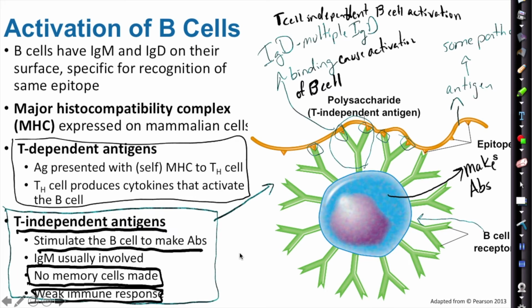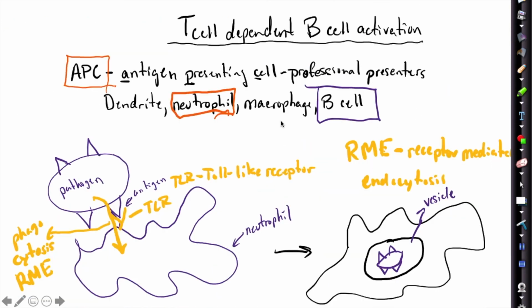Now, T cell dependent B cell activation involves an APC, which is an antigen presenting cell, or a professional presenter. That's going to be a dendritic cell, a neutrophil, a macrophage, or even a B cell itself. So what happens is that, for instance, a neutrophil finds a pathogen, binds through its toll-like receptor to that PAMP, and it's going to do receptor-mediated endocytosis, which we call phagocytosing, processing, and presenting.